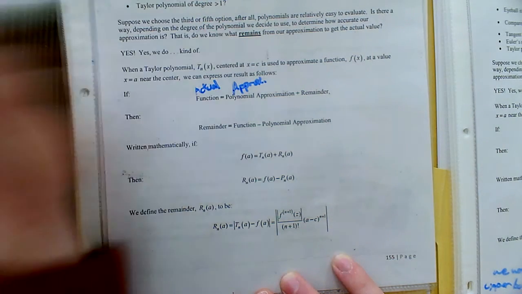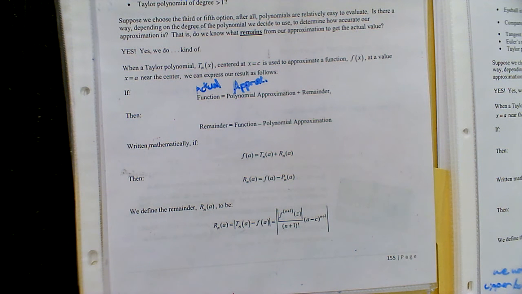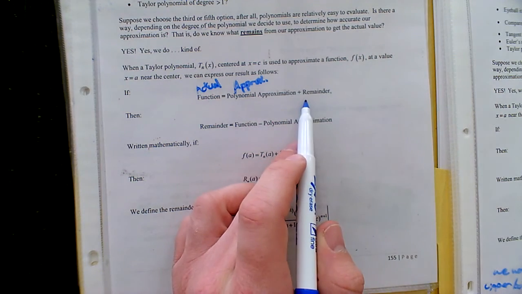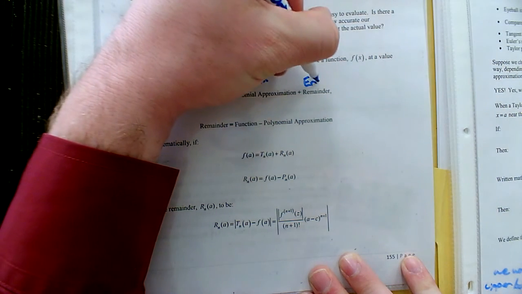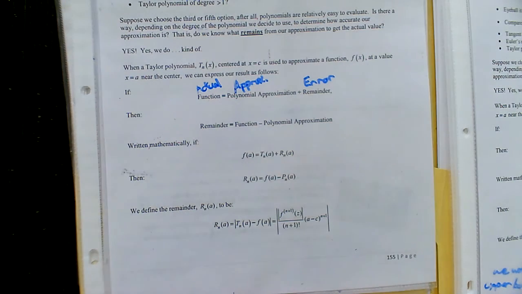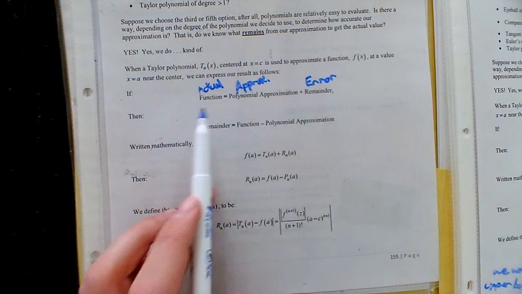It says polynomial approximation. You don't have to write approximation if you don't want to, but it represents the Taylor polynomial that we have been dealing with. Plus a remainder. The remainder is also known as the error. That's what we had also found with the alternating series and that example we had in 3.5.